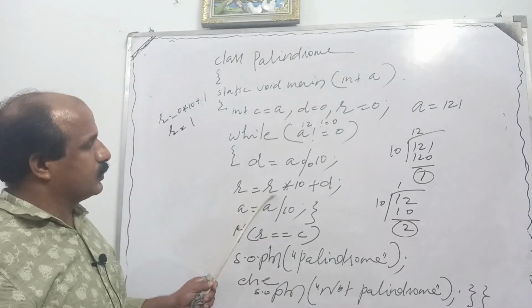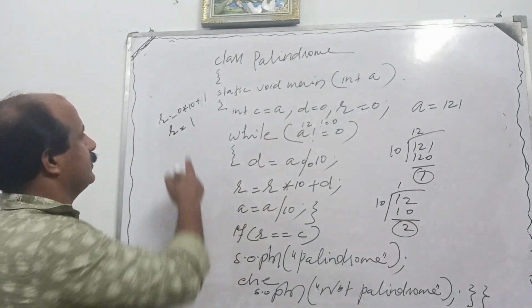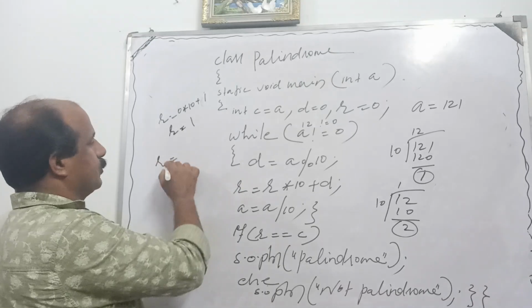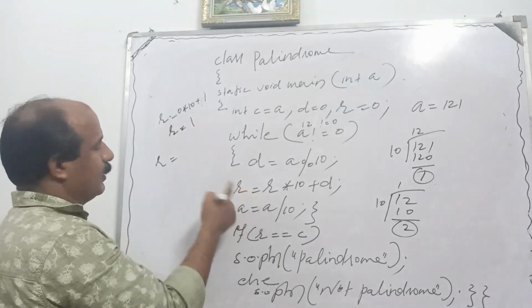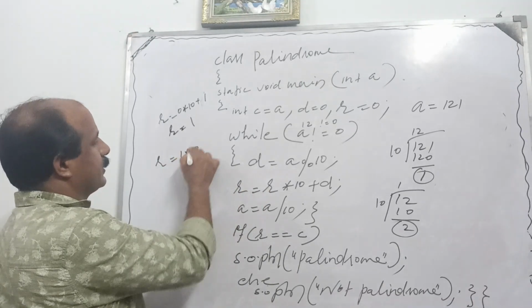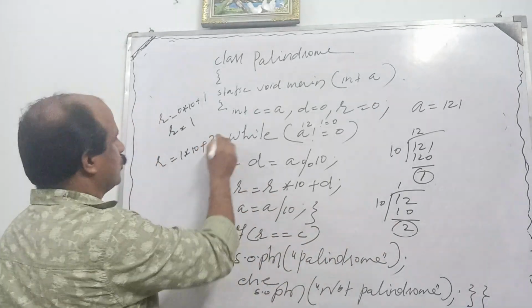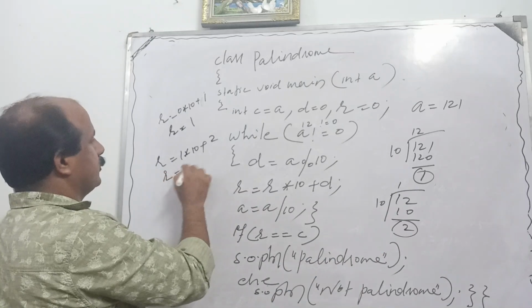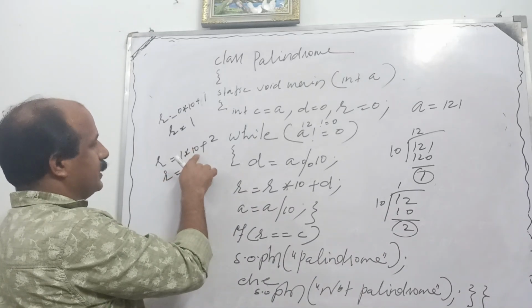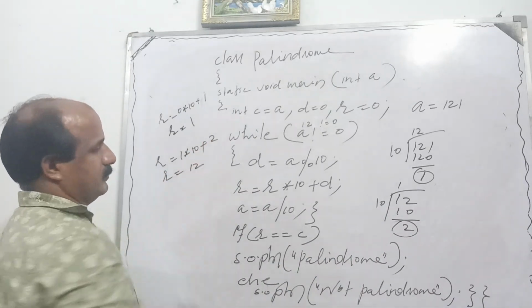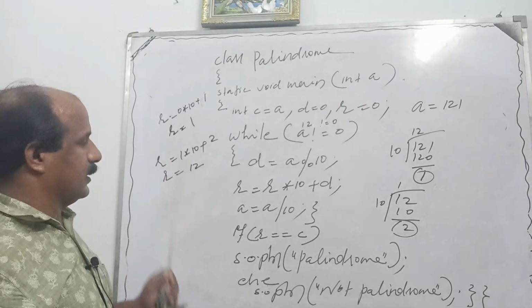Now, R is equal to R into 10 plus D. R already has 1, so 1 into 10, 10, plus our modulus, 2, is 12. This is the present value of R.